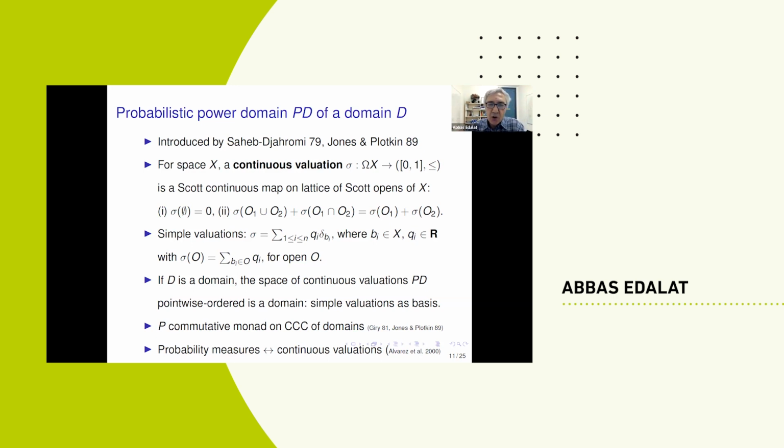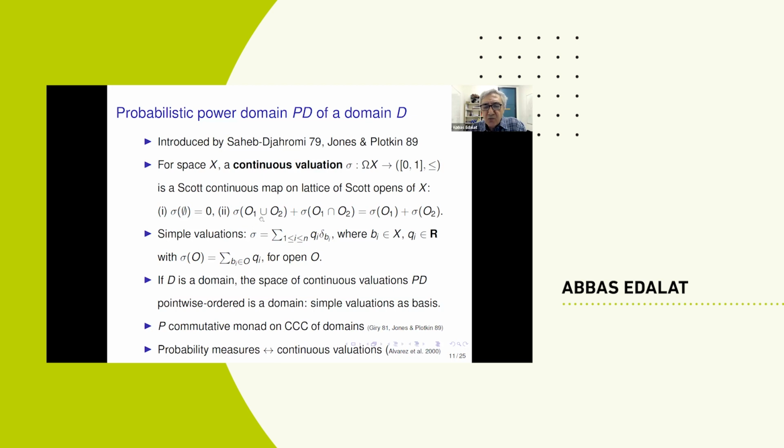For a space X, any topological space, a continuous valuation on the lattice of open sets of X is like a measure, but is only defined on open sets. So it's like a probability distribution in the sense that it takes the empty set to 0.